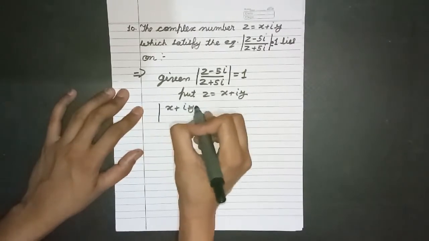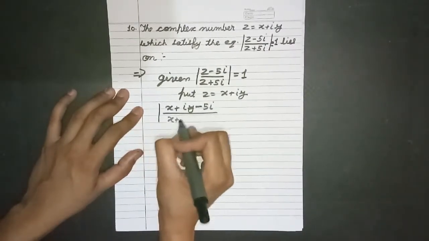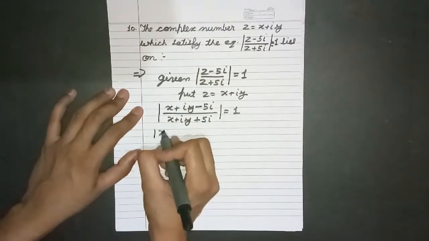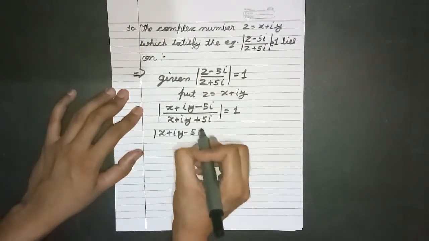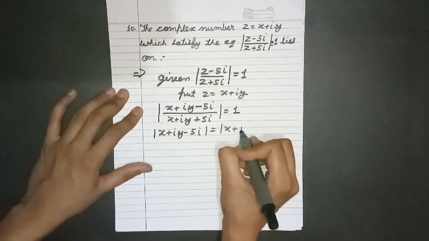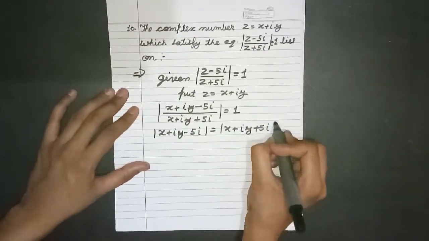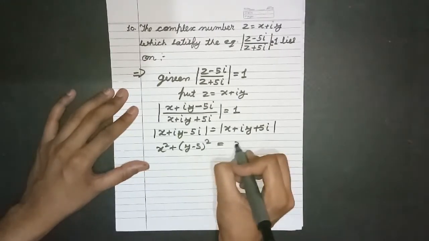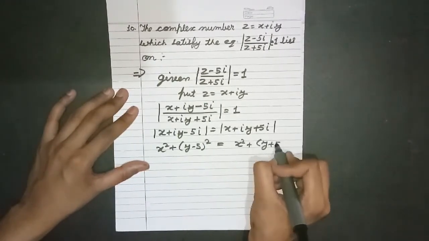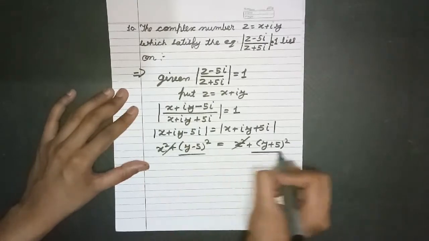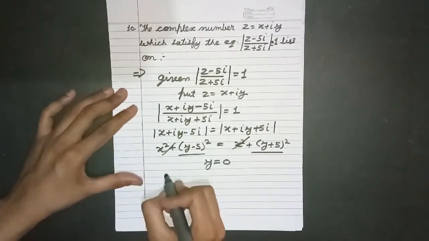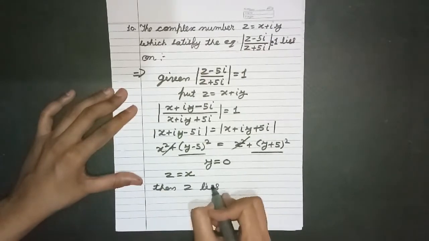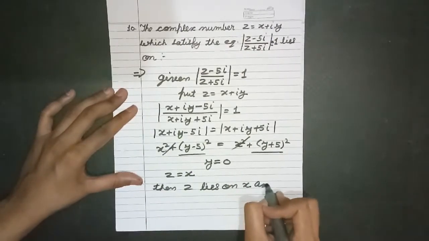So modulus of x plus iota y minus 5 iota is equal to modulus of x plus iota y plus 5 iota. So from here x square plus y minus 5 whole square is equal to x square plus y plus 5 whole square. So from here y is equal to 0. Now z is equal to x, so z lies on the x-axis. So this is the answer.